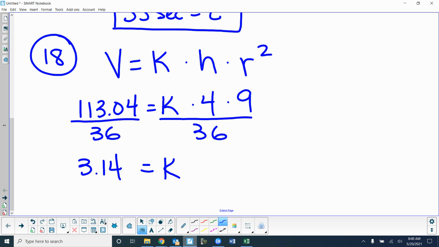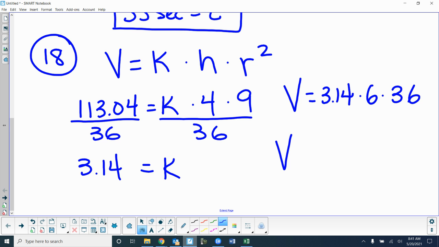So it says find the volume, so part 2, remember these have 2 parts. So if it's, you know, a multiple choice problem, I bet one of your choices is going to be 3.14. That's not the answer yet, right? We're looking for volume. Find the volume, and I can put 3.14 in for K when H is 6 and R squared is 36.